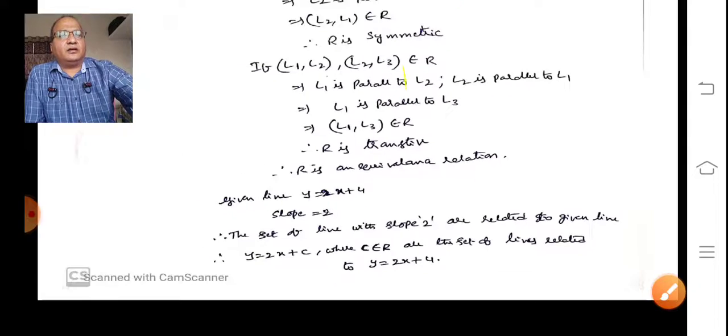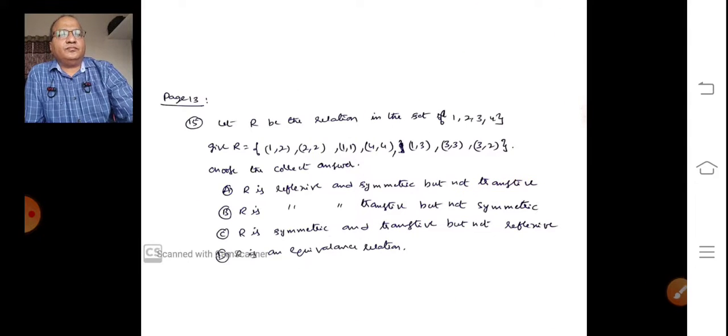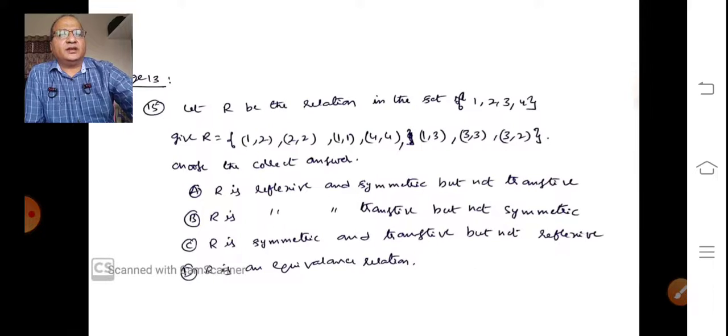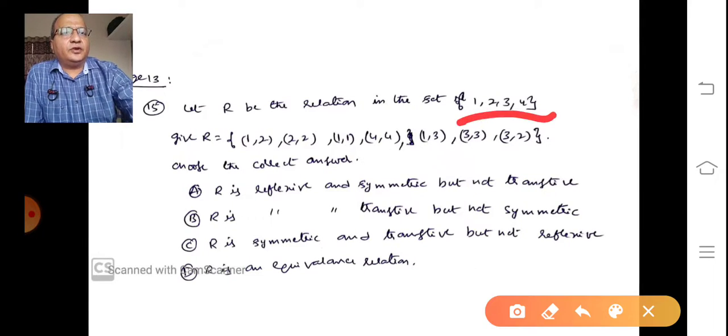Next, see the 13th question. It is an objective type of question. He has given the set {1, 2, 3, 4, 5} and a relation: (1,2), (2,2), (1,1), (4,4), (1,3), (3,3), (3,2). You observe here (1,1) is there, (2,2) is there, (4,4) is there, (3,3) is there.